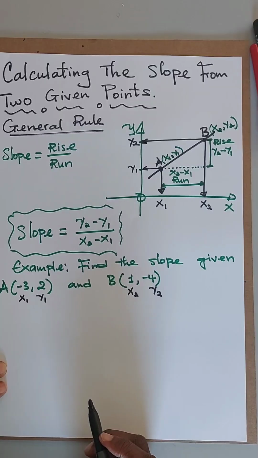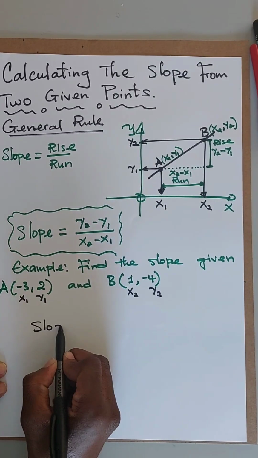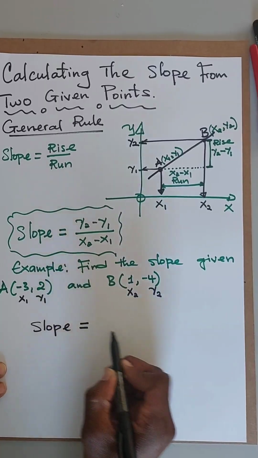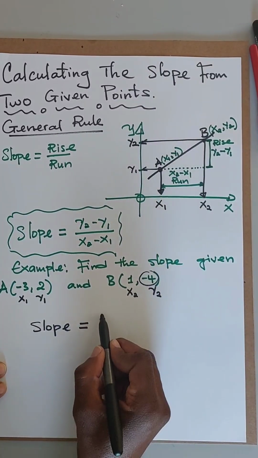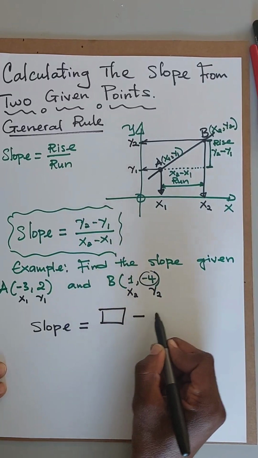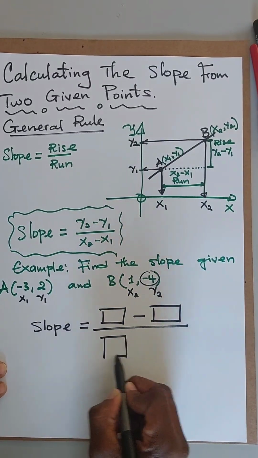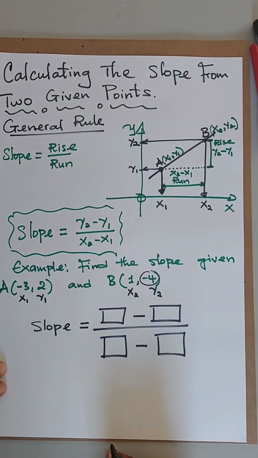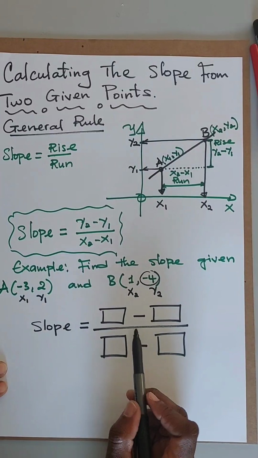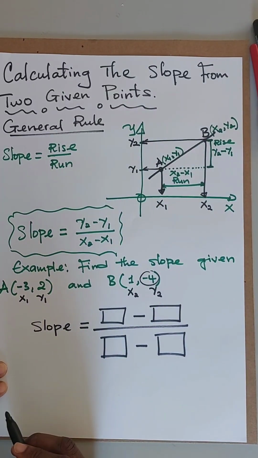Then I am now using that rule, which is also called a formula. So we are going to say that the slope is equal to, now instead of writing y2, we take the actual number for y2 and plug it in there, put a fraction bar, and we subtract. Now I use these boxes because some of the numbers come with a negative sign and I don't want you to be confused between this minus sign and the negative sign of a number.